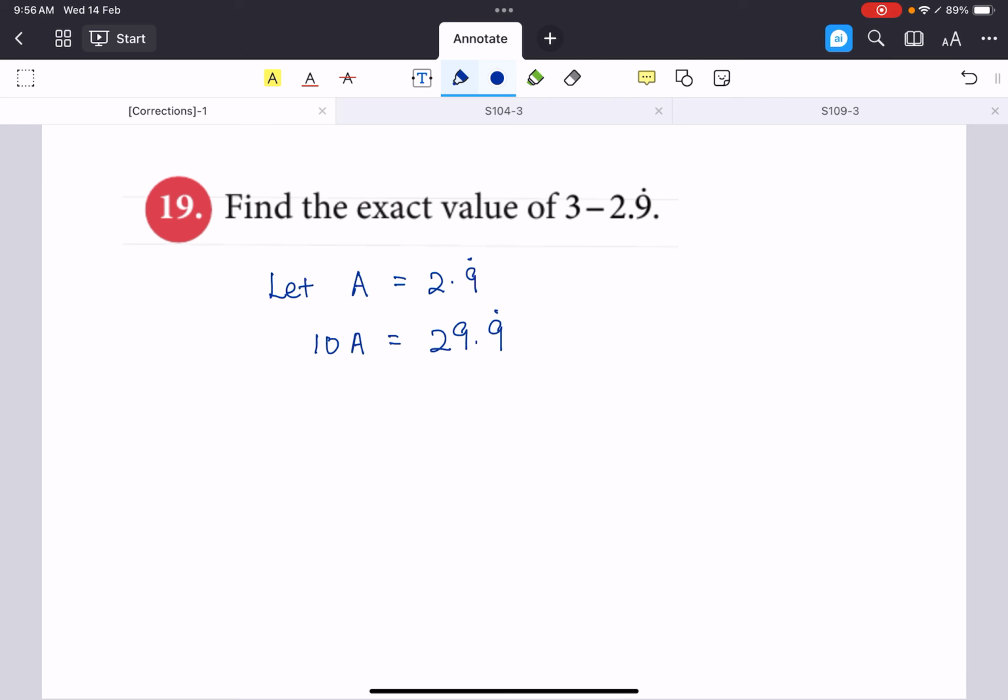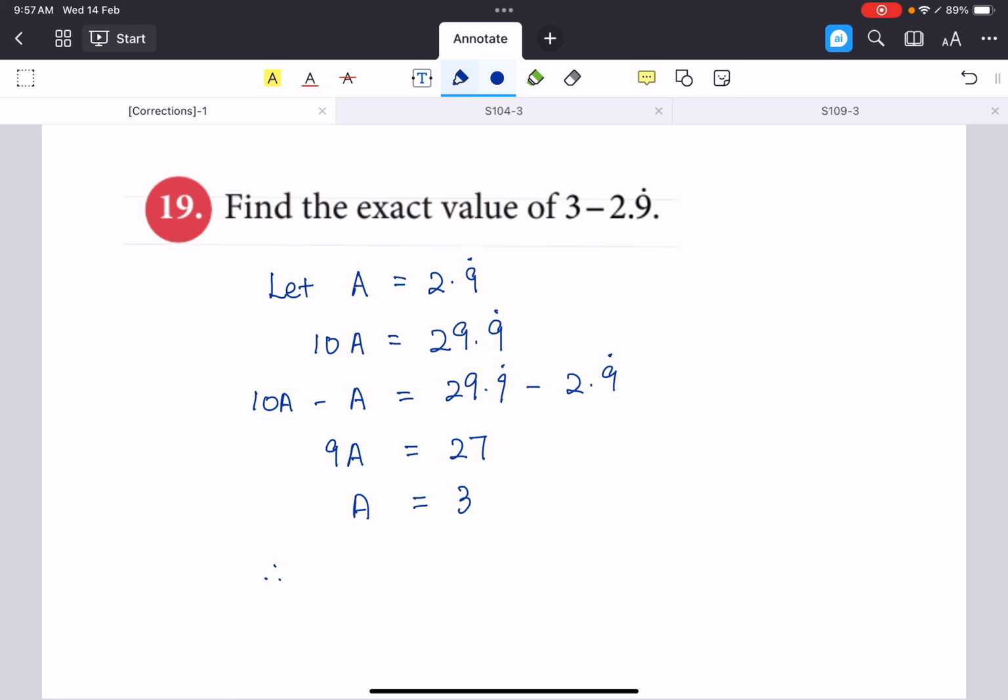So it actually goes on forever. If we take 10A minus A, this is the same as 29.9 recurring minus 2.9 recurring. So that means that 10A minus A is 9A. This is the same as 27, which means A is 27 divided by 9, which is equal to 3.